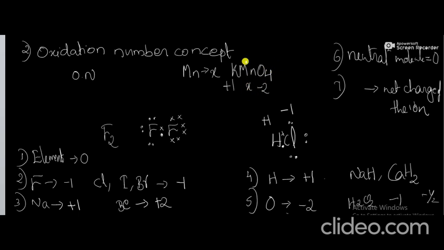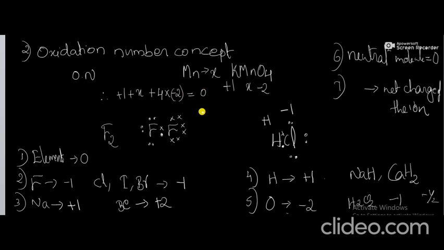Then apply the sixth rule, that the sum is equal to 0. So +1 plus X plus 4 times -2. Here 4 oxygen atoms are present. So +1 + X + 4(-2) = 0.